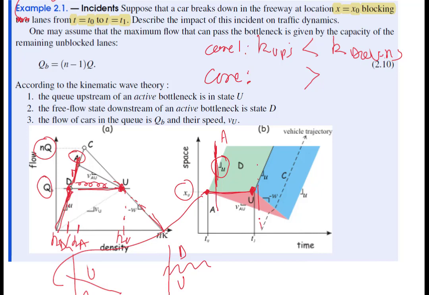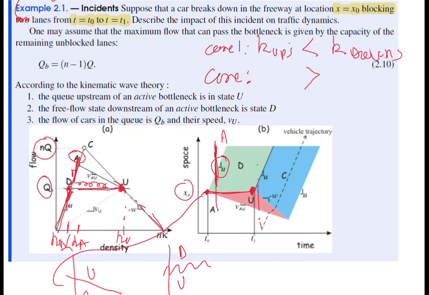So there was a congestion state U. Obviously, what's going to happen is downstream, we're going to have a traffic state that is not as dense. And we already know that it's capacity. But in any case, you could start at state U right here, and they remove the bottleneck.